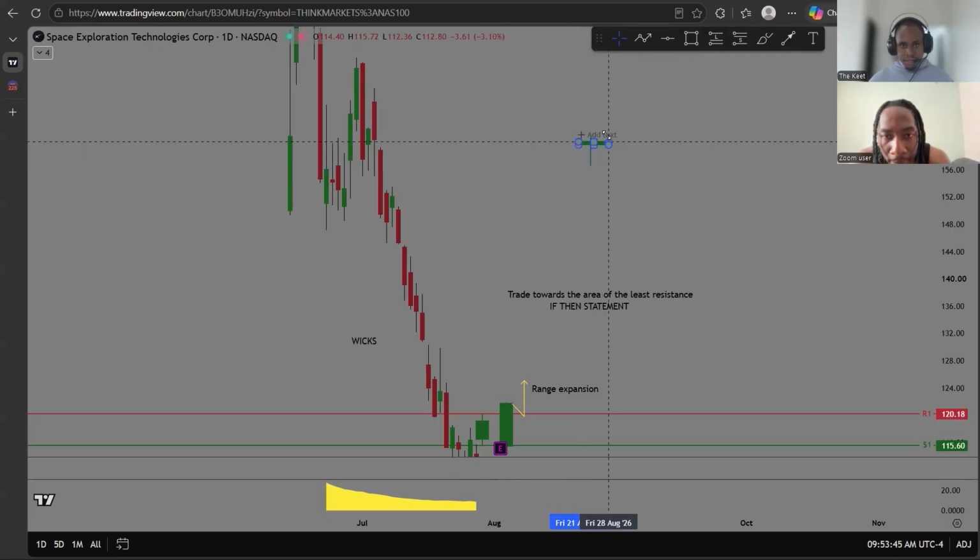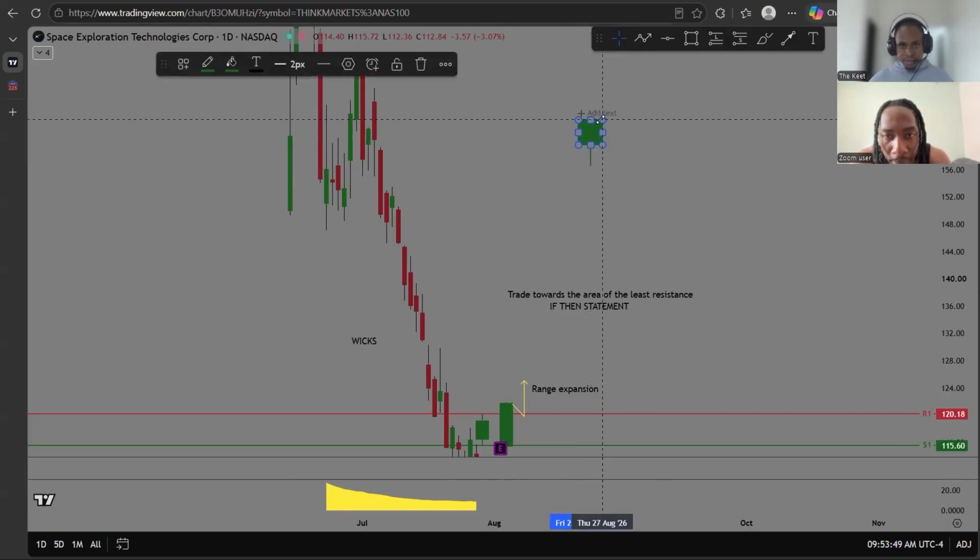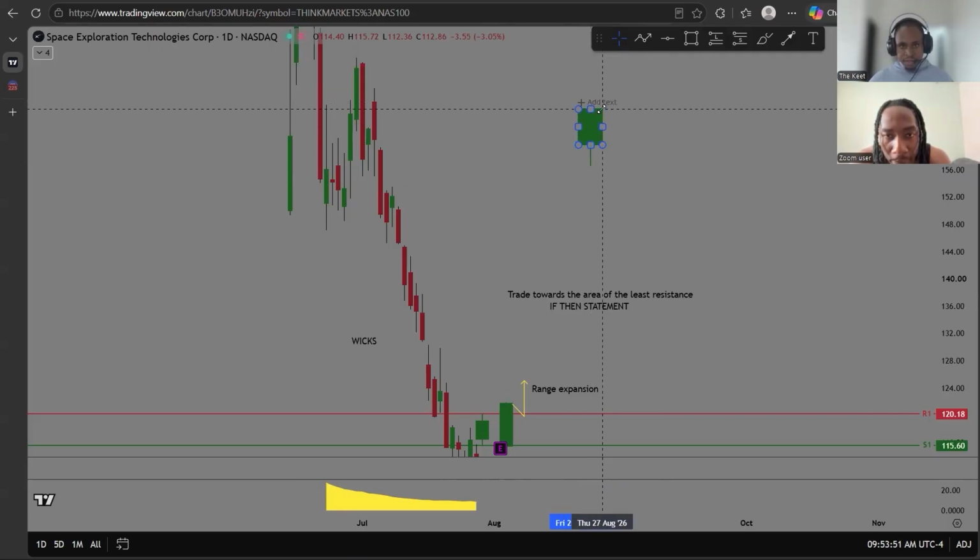And then if it goes up above this price, it leaves traces. Then if it comes down, it closes here.